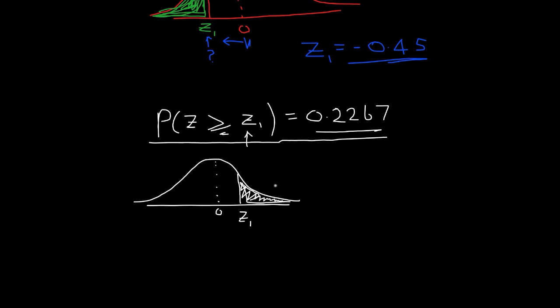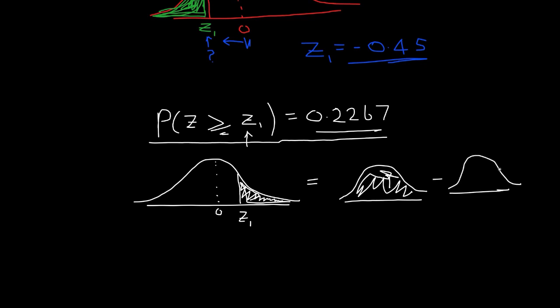As you know, we cannot use the table with the area to the right of Z. Again, we can use the theory. We know the whole area is 1, and we can find the area less than Z1. Let me show you how to do this.